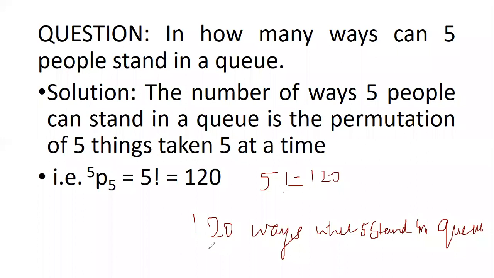Yes, correct, 5 into 4 into 3 into 2 into 1. There are 120 ways where 5 people can stand in a queue. Clear? Any doubts?